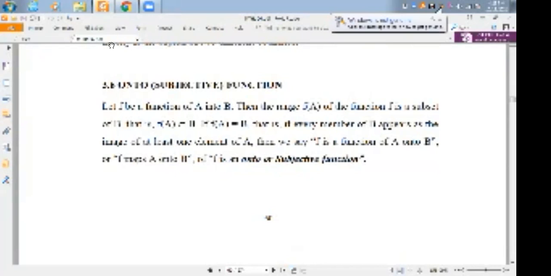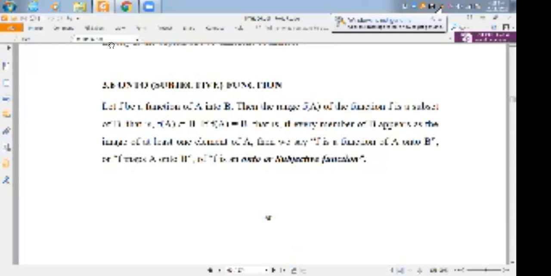Surjective function means that all the elements in the codomain must be assigned to an element in the domain. You know what a codomain is and what a domain is. A domain is the set of elements on the left-hand side, while the codomain is the set of elements on the right-hand side.